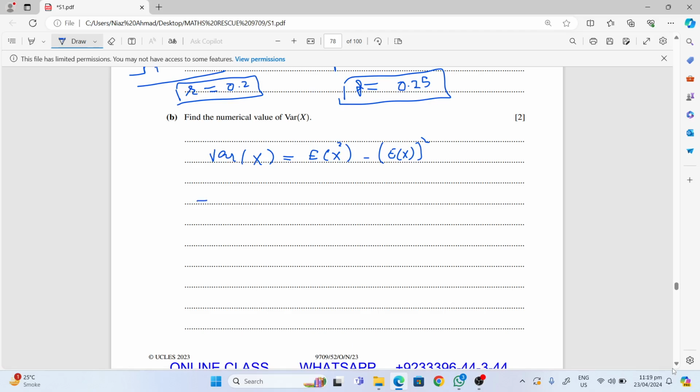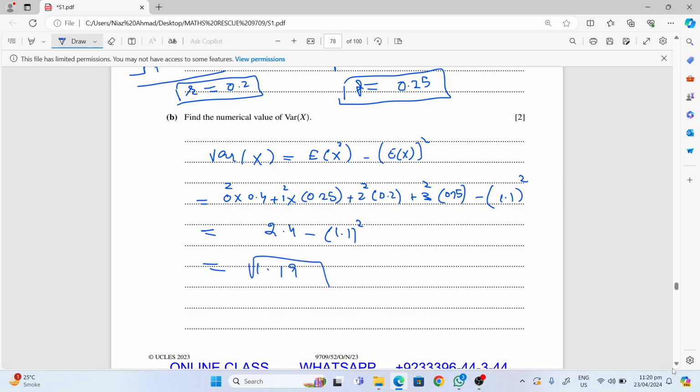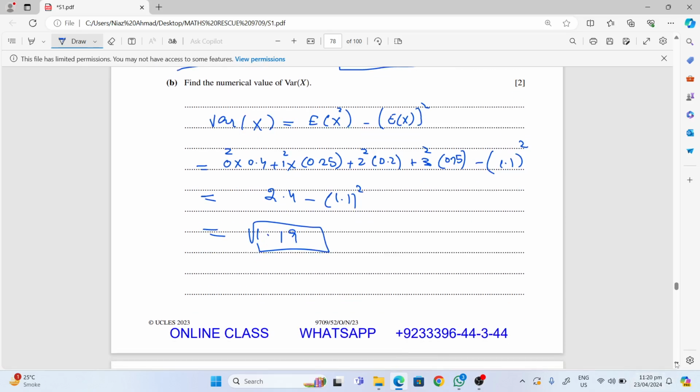The expected value of x square is the square of x into probability, that is 0 square times 0.4 plus 1 square multiplied by 0.25 plus 2 square into 0.2 plus 3 square into 0.15, minus the square of the expected value 1.1. This gives 2.4 minus 1.1 squared, and we are getting 1.19 as the variance of x.